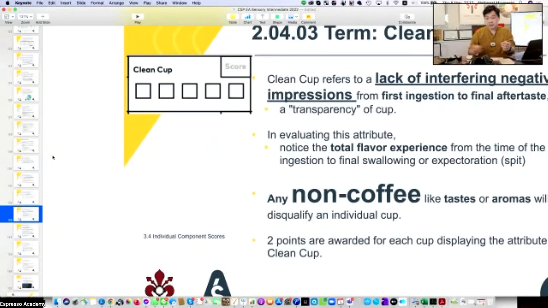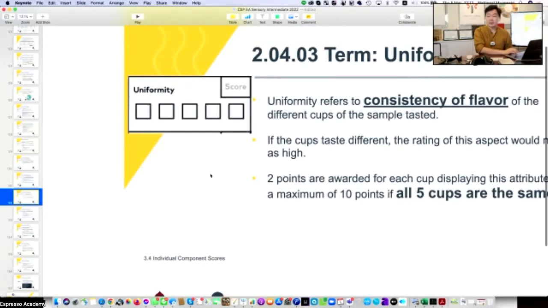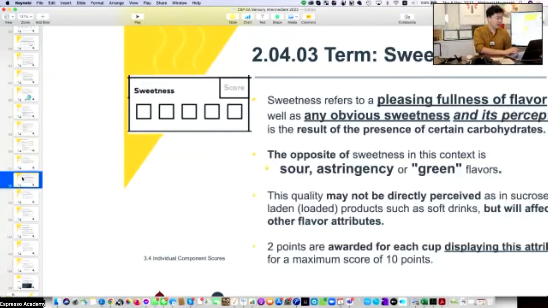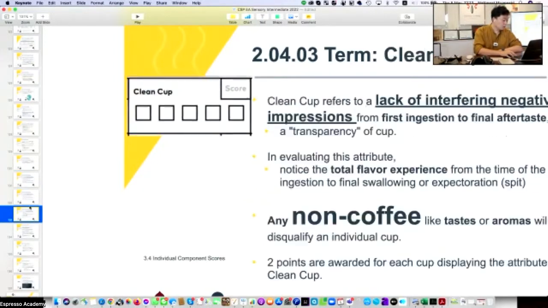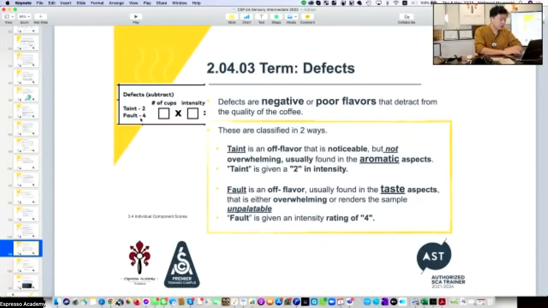And if you deduct on the clean cup, it will definitely affect that cup on uniformity because it's different from the rest. But it will not affect sweetness. Sweetness is still there. So that is pretty much what we already talked about overall, and then we talk about defect.